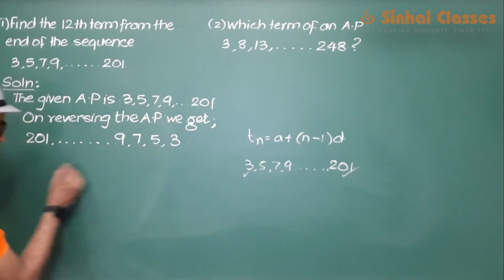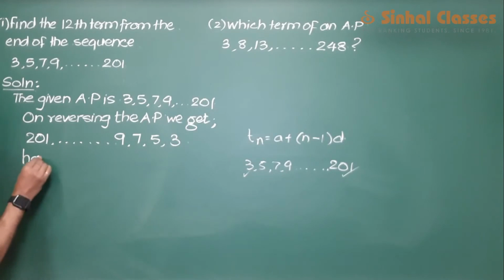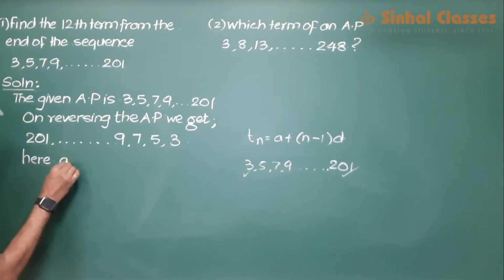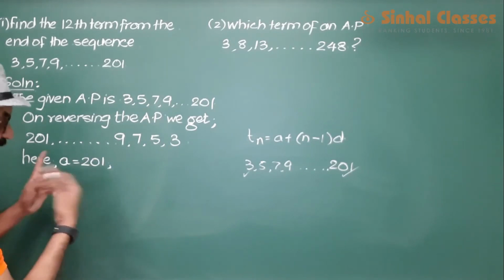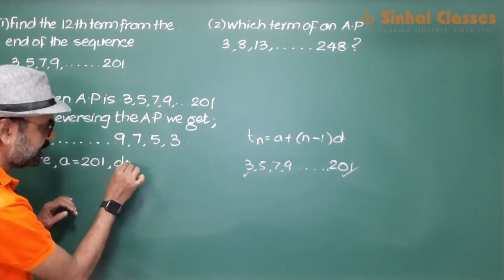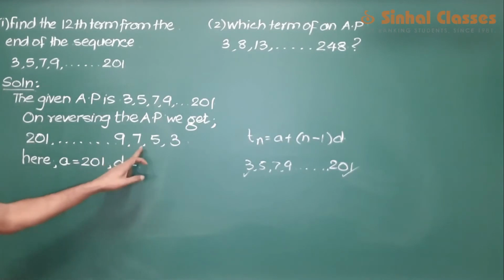Now in this AP we have the first term as 201, the difference between these two numbers.